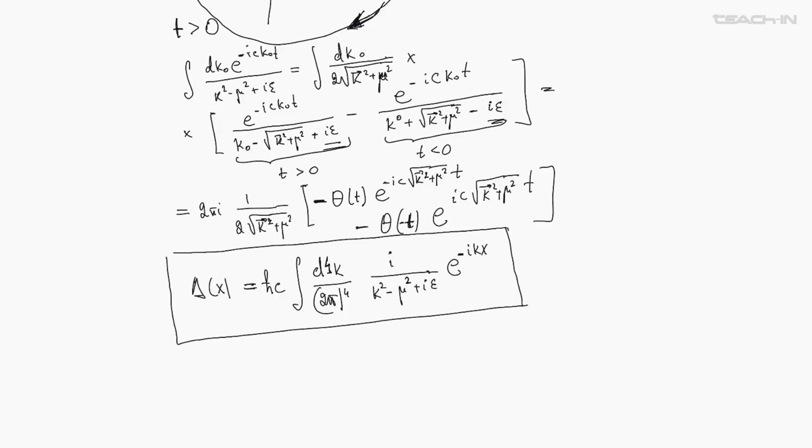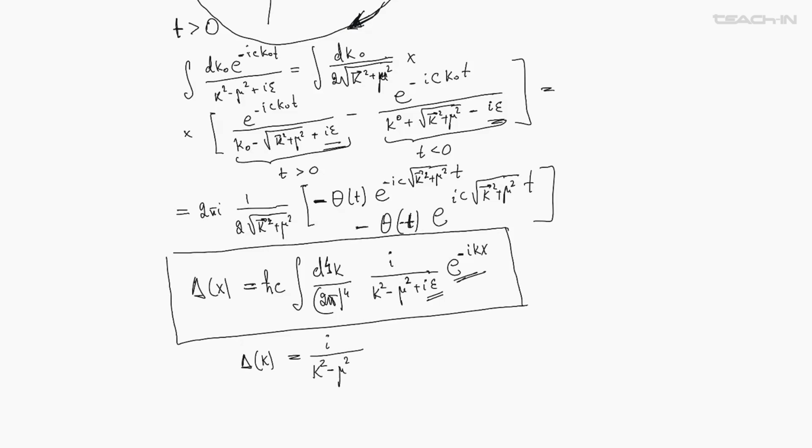And from here, you also see that the propagator in Fourier space, delta of k, I may put a tilde here to symbolize that this is a Fourier image, but let's not do that. Let's just write delta of k. Then from this formula, taking the inverse Fourier transform, delta of k in Fourier space will be simply i divided by k squared minus mu squared plus i epsilon.